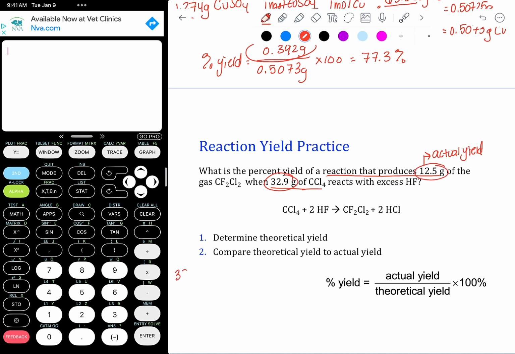So we're going to start with our 32.9 grams of carbon tetrachloride, CCl4. We're going to convert that to moles because the only way to go between carbon tetrachloride and CF2Cl2 is to use a mole-to-mole ratio. So we have 1 mole carbon tet to 153.82 grams. Then, once we have moles of carbon tetrachloride, we use our mole-to-mole ratio. 1 mole of carbon tetrachloride is to 1 mole of CF2Cl2.